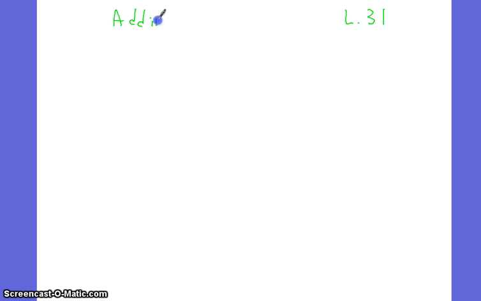Ooh, adding integers. You remember what integers are, right? We're talking positive and negative numbers here. So we get to do some really fun stuff today. Think of integers like temperature, like Fahrenheit.